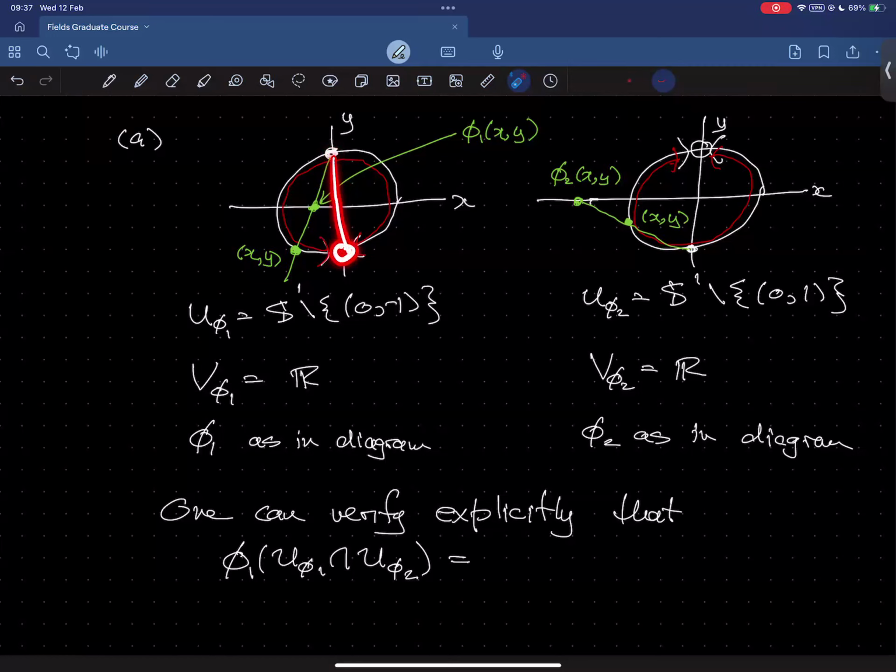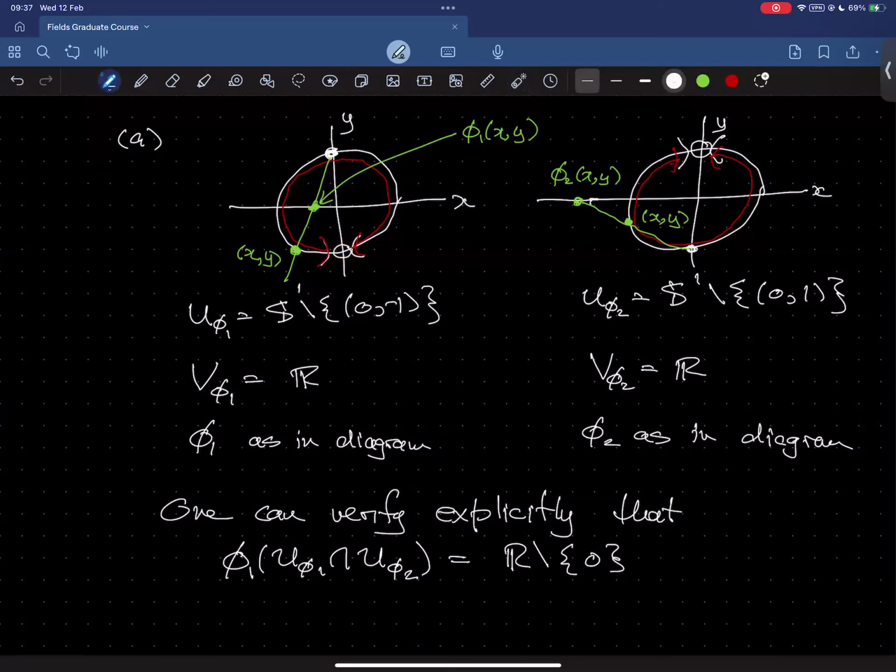What point is being omitted in the image of the chart? It's the point at 0. So let me write down the answer: it's R take away 0. The 0 is taken away because I have to remove this point.